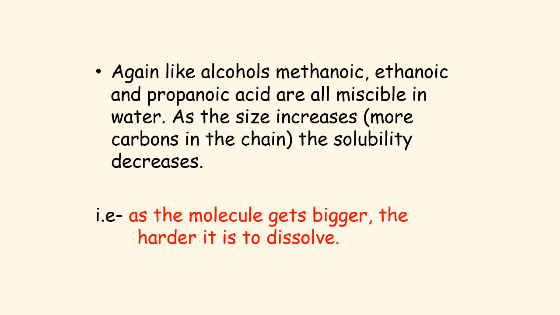Now again, like alcohols, methanoic, ethanoic and propanoic acid are all miscible in water. That means that they dissolve, but as the length of the chain increases, the number of carbons increases, the solubility decreases. So a trend is that as the molecule gets bigger, the harder it is to dissolve.